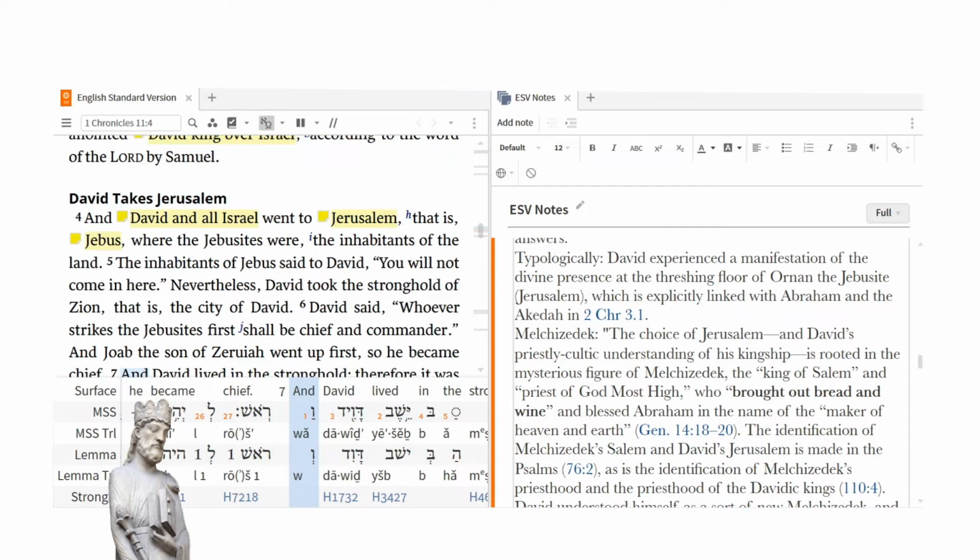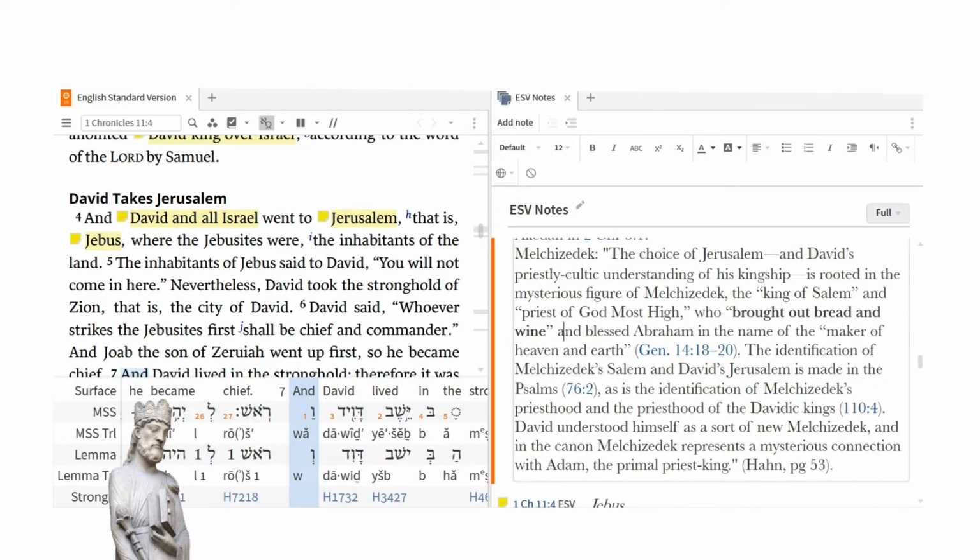And this isn't the only time we see this kind of bread and wine imagery. One of my favorite examples is Judges 6, the call of Gideon, where you have Gideon threshing wheat in a wine press. So he's making bread in the place he'd normally make wine. The angel of the Lord appears to him, and there he's commissioned. But here it's just a very subtle foreshadowing of the Eucharist.